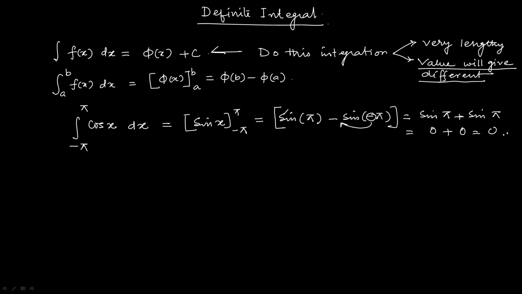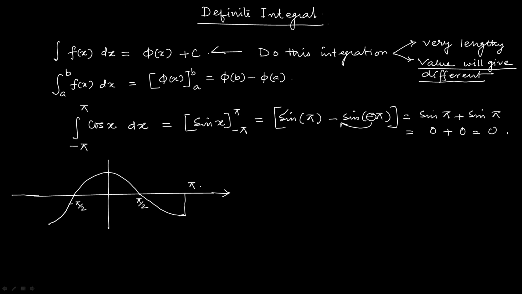Overall it is 0. Now let us draw the curve. This is the cos curve from minus pi by 2 to pi by 2, and then from this up to this one is giving pi, and this is minus pi.